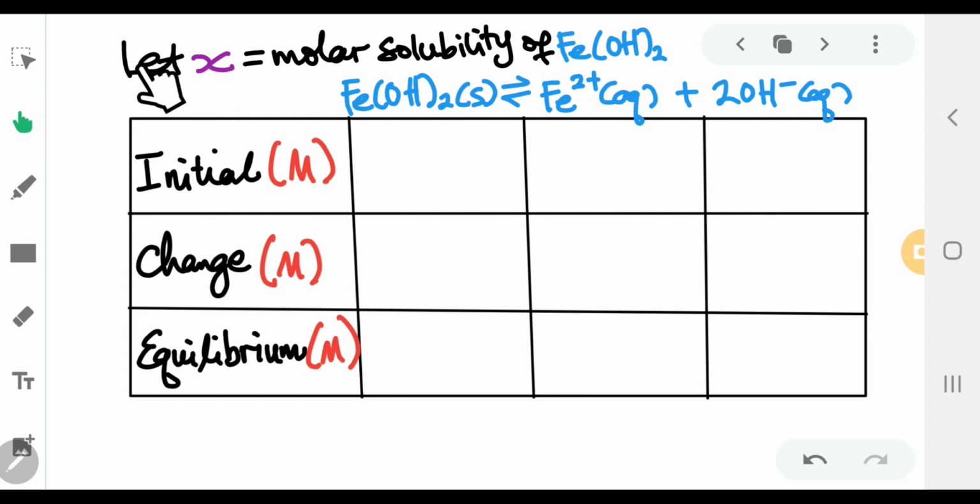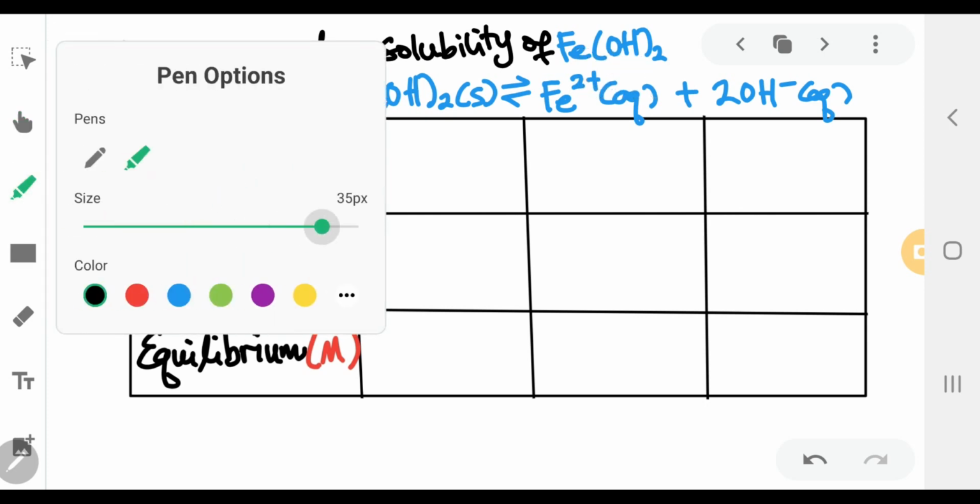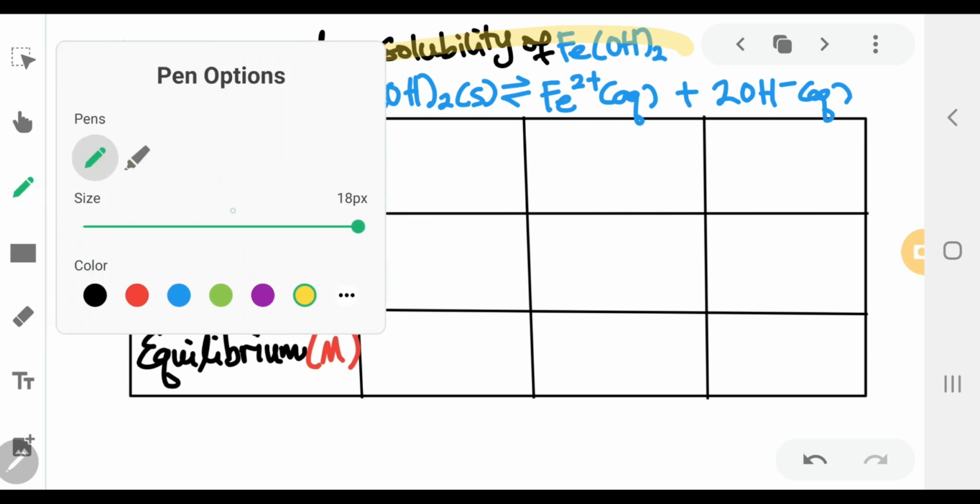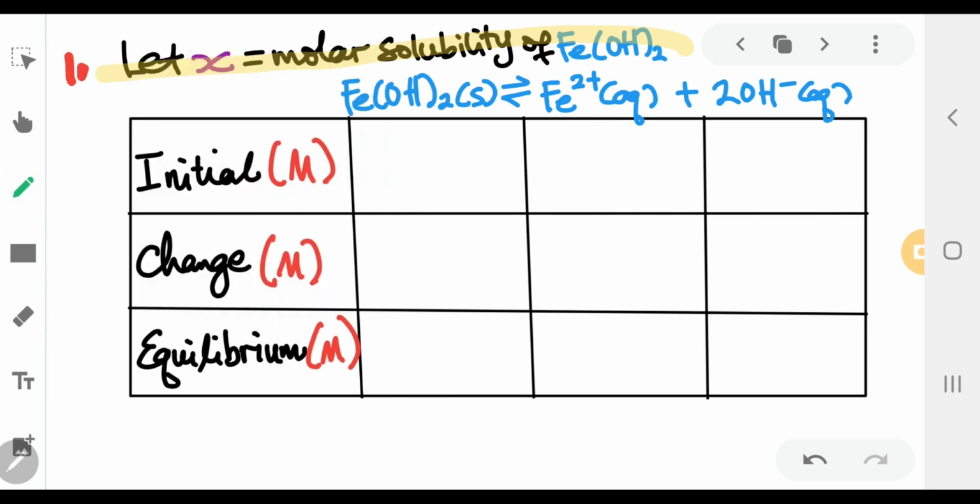And then the statement 'let x equal the molar solubility of iron hydroxide' is very important. By writing that, you get 1 mark. By having the balanced equation, you get another 1 mark. And do remember, the solid phase right there is ignored.